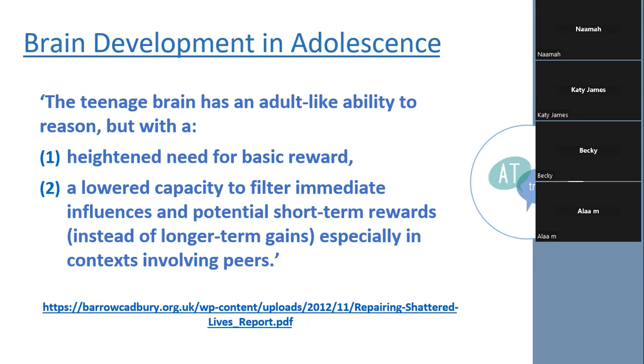So what it seems then is that the brain system that's related to rewards and immediate rewards is developing super, super quickly, especially in comparison to some of the other systems that might regulate it. So in comparison to, say, the frontal lobe, which is continuing to mature way into early adulthood.